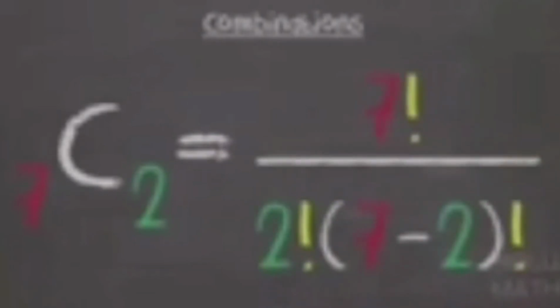Let's start by doing the factorial on top, writing out the expansion. Let's deal with the parentheses on the bottom. 7 minus 2 is 5. Deal with this factorial, 5 factorial, and 2 factorial. Notice once we expanded out those factorials, we have a sort of repeat here: same items on the top and bottom.